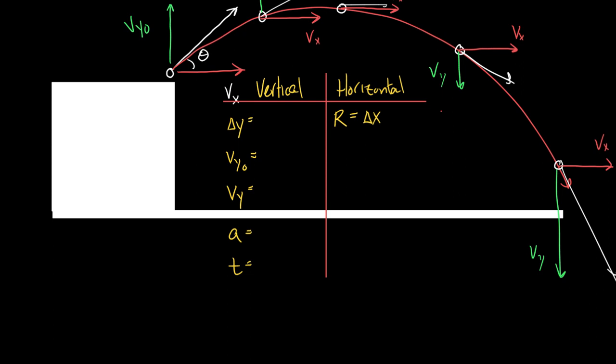Where it lands is called the range. But it is the horizontal displacement. We have a horizontal velocity, vx. But there's no acceleration. So remember, when you take acceleration out, you don't have much to deal with, right? It just becomes range equals vx times t. If there's no acceleration, how far you go depends on your speed and time, and that's it.